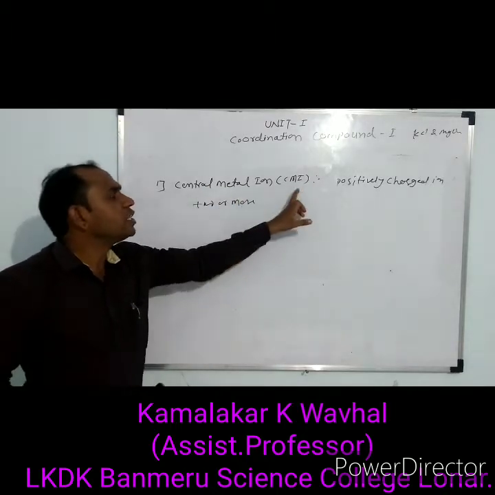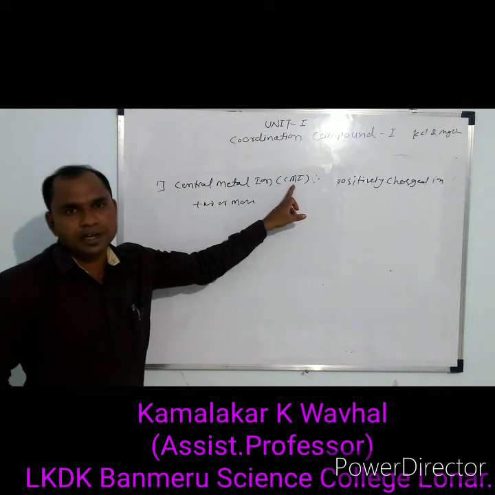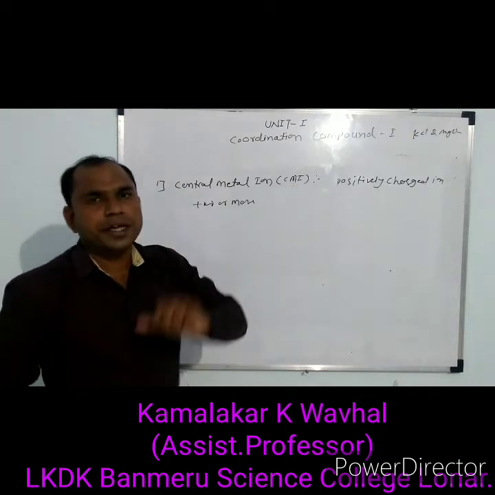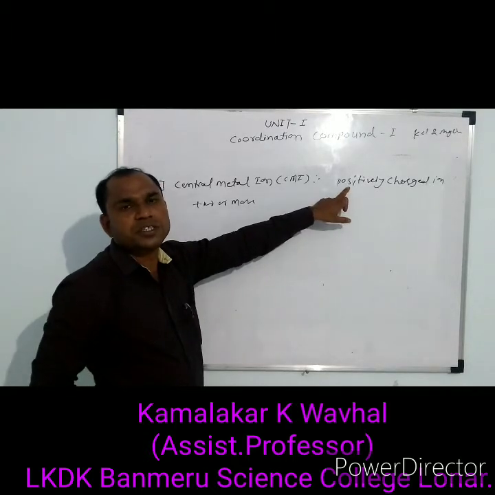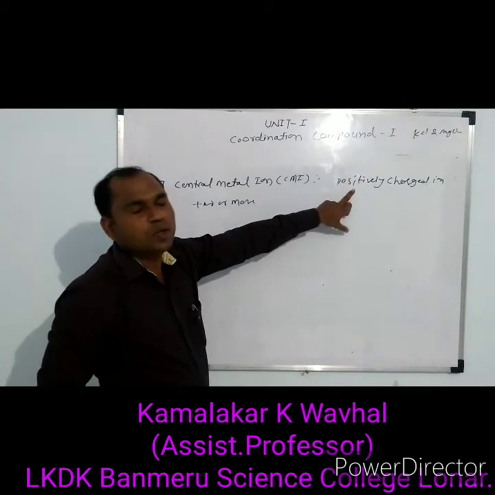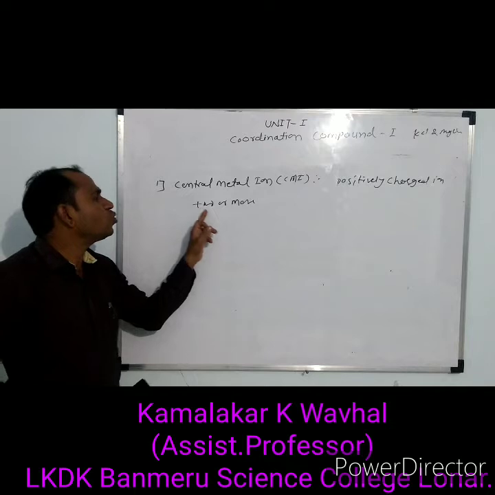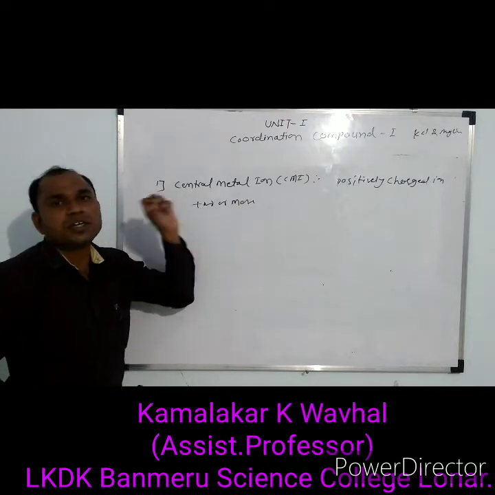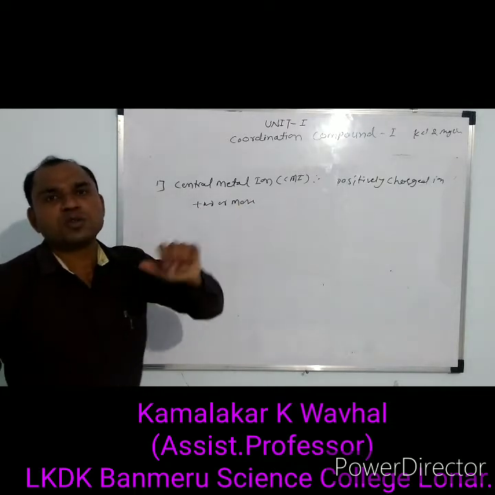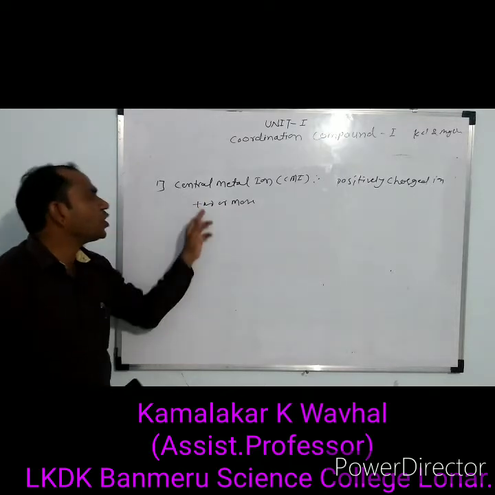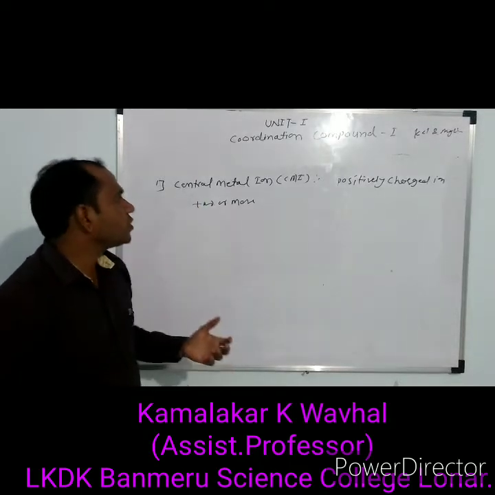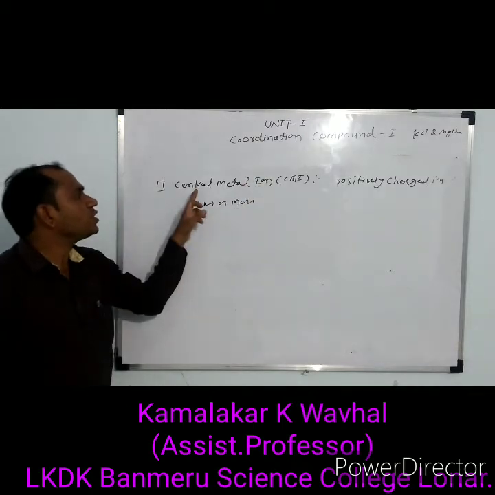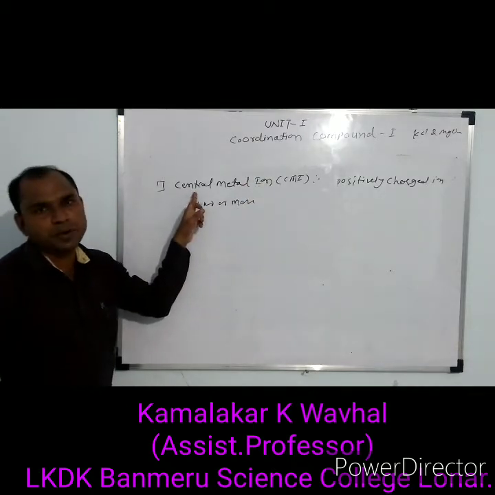Once again, I repeat: it is the positively charged metal ion which is attached to two or more negatively charged, neutral or sometimes positively charged species in a coordination complex. This type of ion is called the central metal ion.